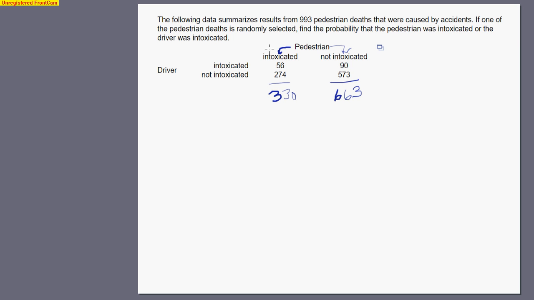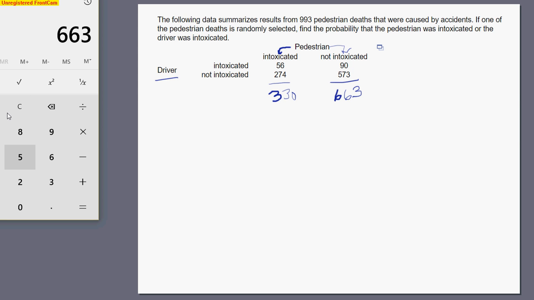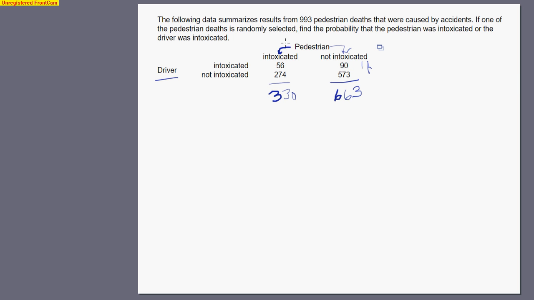Okay, all these people unfortunately died in some sort of car crash. Now over here we have our drivers, where the drivers were intoxicated or not intoxicated. In this case, there were 56 plus 90, 146 intoxicated drivers involved in an accident.